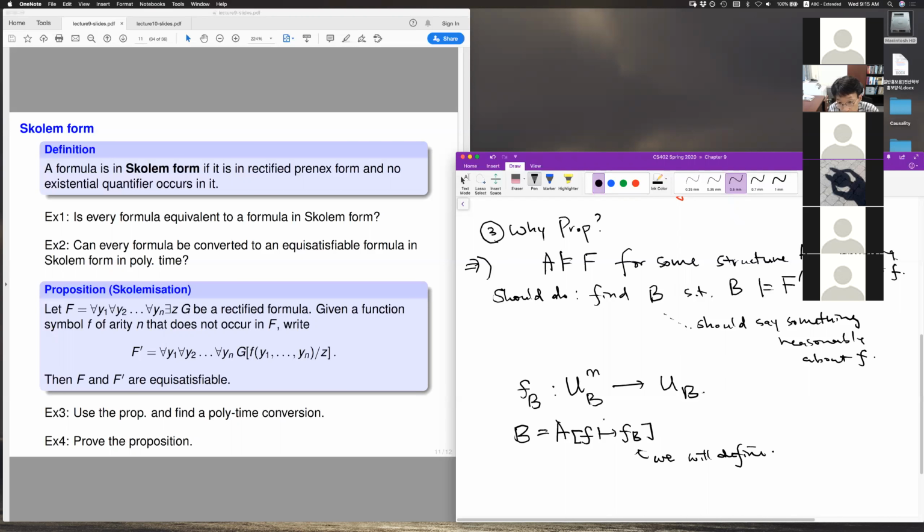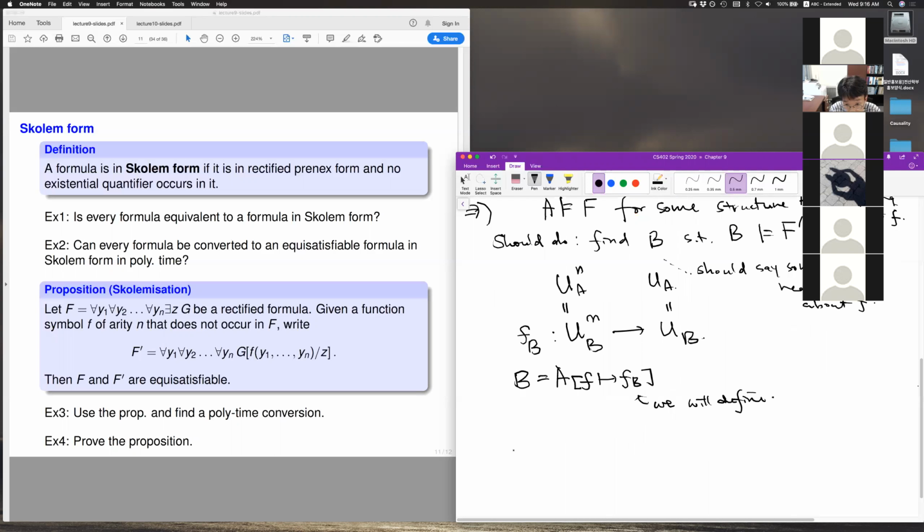So now the question is, how should we define this f_B? Because it's the same as A, the underlying universe is the same as A, the underlying universe of A. Now how should we do it? It's quite simple. f_B takes n elements in the underlying universe, small u1 up to un, and it's going to be chosen to become u.